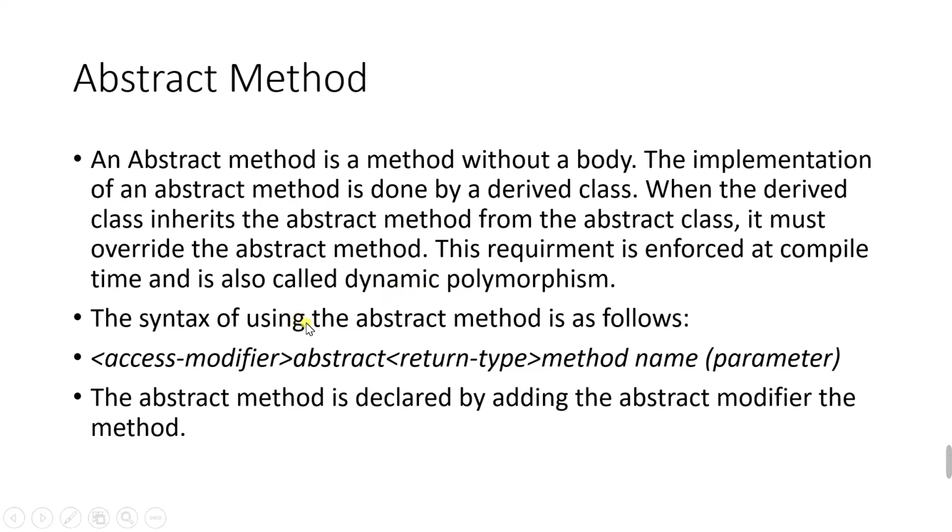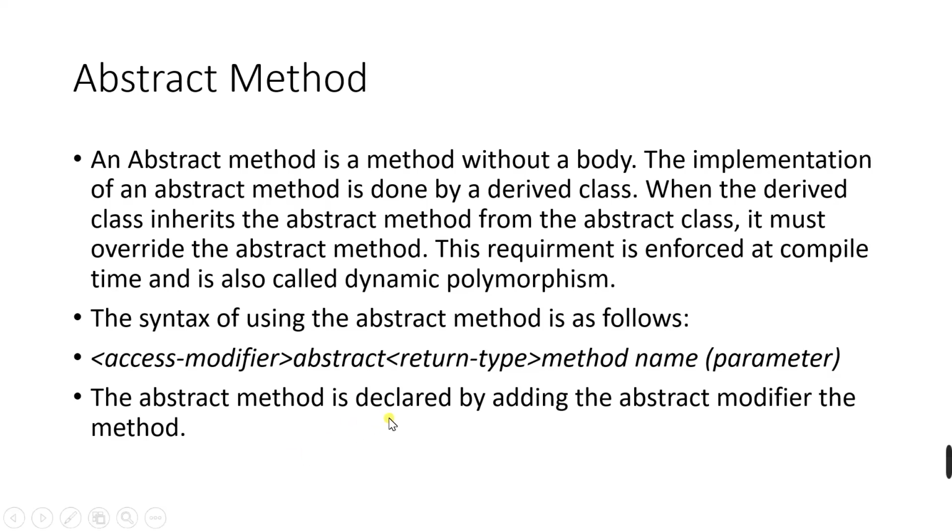The syntax of the abstract method is: an access modifier, that is public, private, or protected; then the keyword abstract; then the return type, either int, string, any type, or void if it is not returning anything; and then a method name and the parameters.